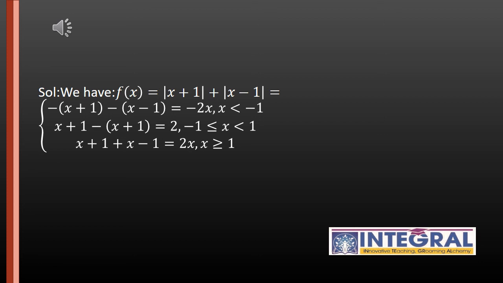So in all these cases, we have to split the modulus function into different categories. So we are getting the first part minus 2x for x less than minus 1, 2 for minus 1 less than or equal to x less than 1, and 2x for x greater than or equal to 1.